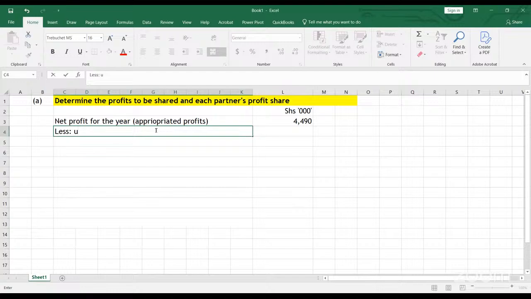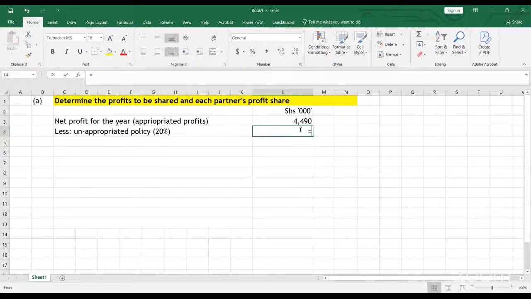They retain that, it's not given out. So this one will not be shared, it remains in the books. This is 20% of the profit, and it's going to be retained.